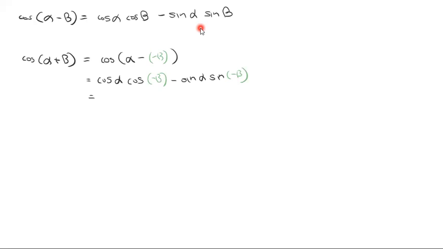Now, this is all things we've used in previous weeks, although this one's going a bit further back. Do you guys remember how to simplify cosine of negative theta? Like cosine of a negative angle?